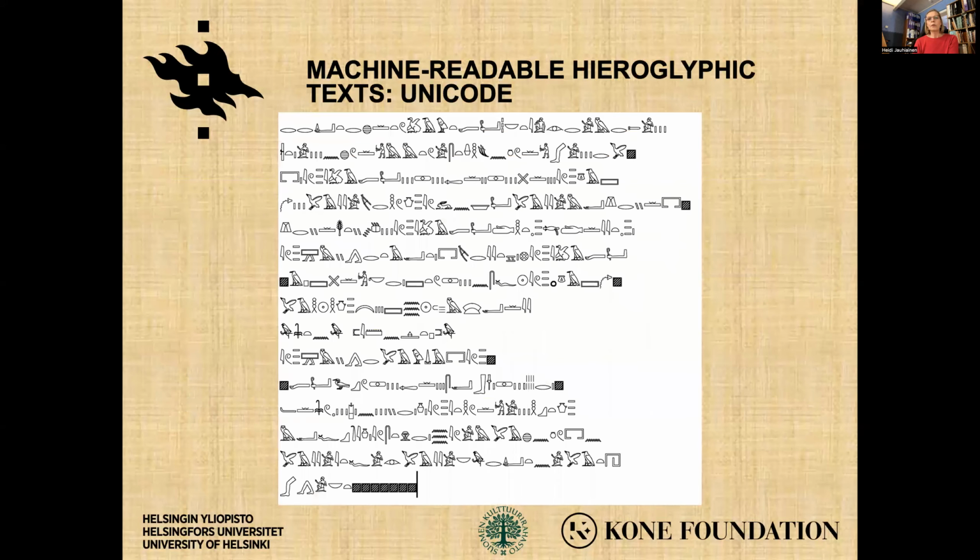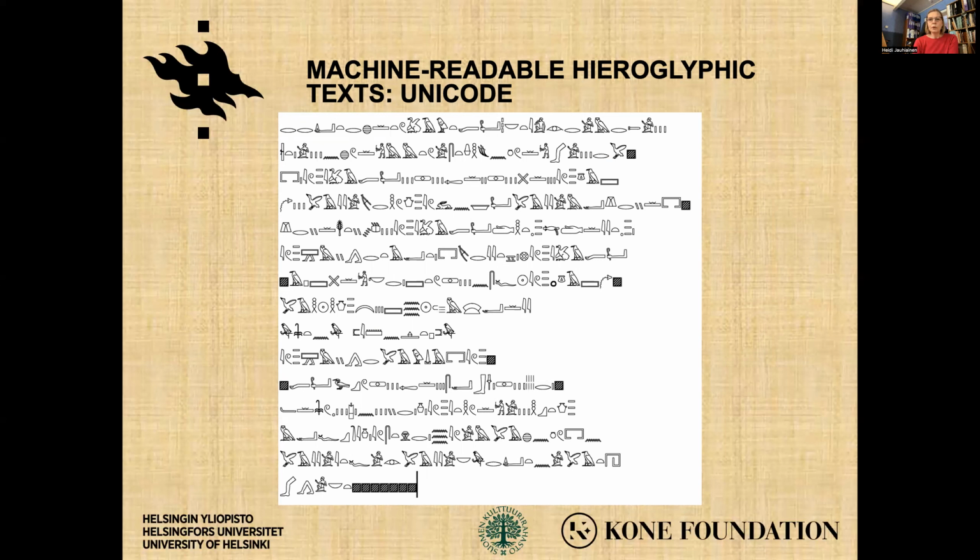One way of producing machine-readable hieroglyphic texts would be to use Unicode, which has since 2009 included over 1,000 hieroglyphic signs. Now, hieroglyphic signs were often grouped so that one is above another one, and they could be nested or even one over another.